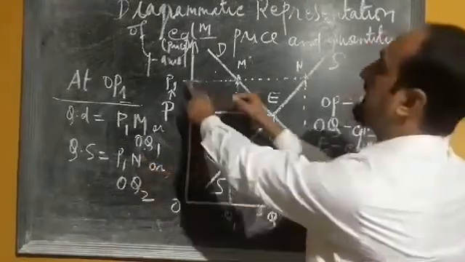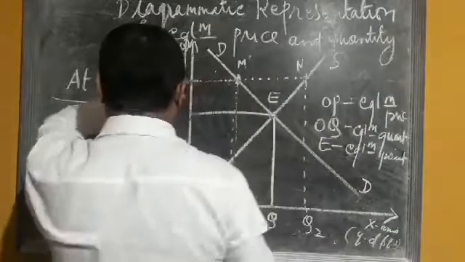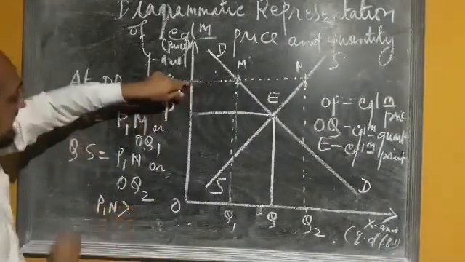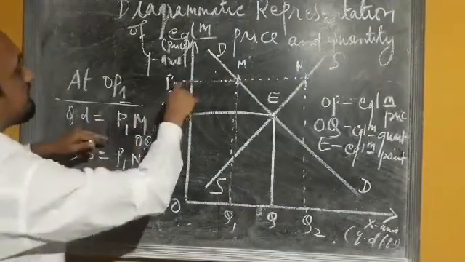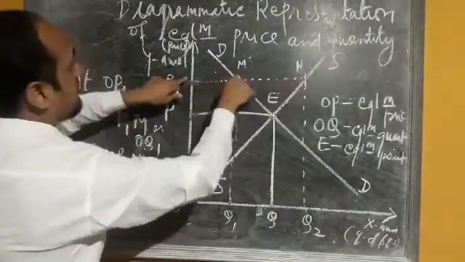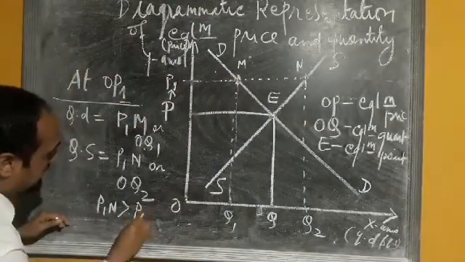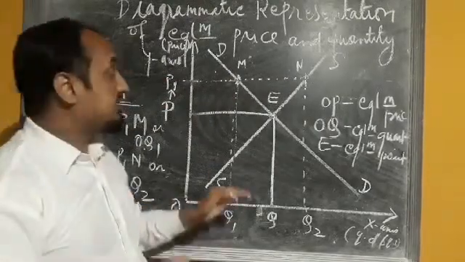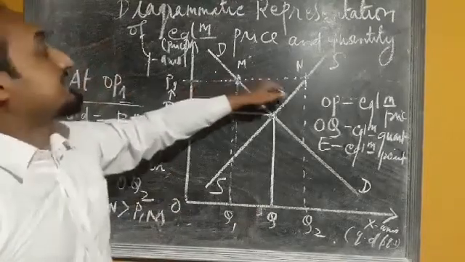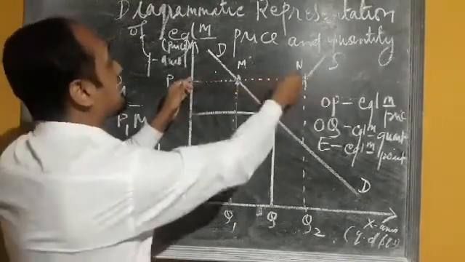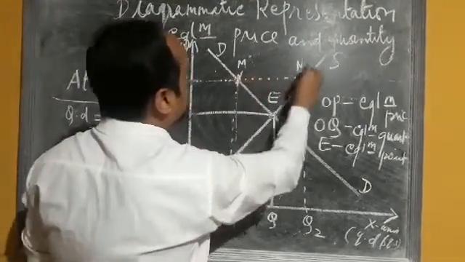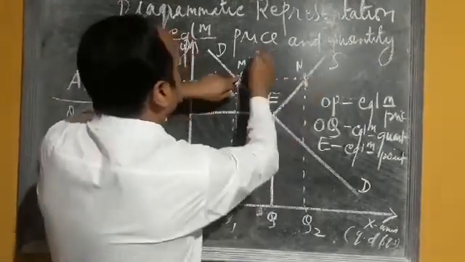So P1N is greater than P1M. That means what situation is there? There is a situation of excess supply. Supply is greater than demand. So this is the situation of excess supply.